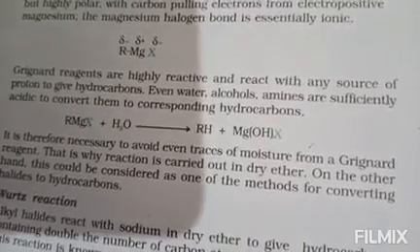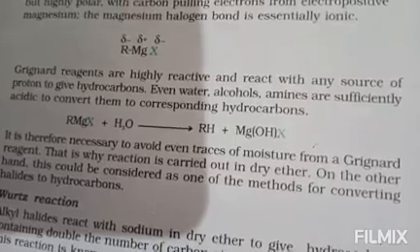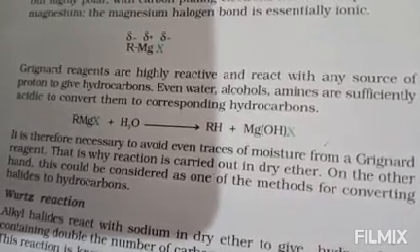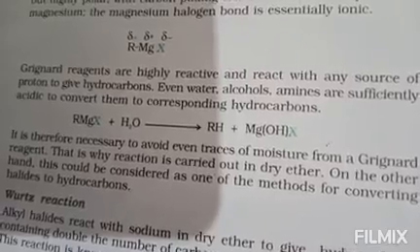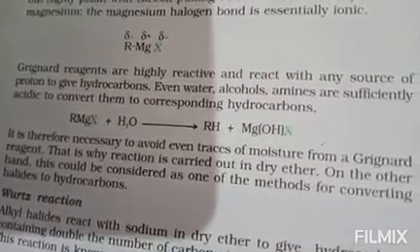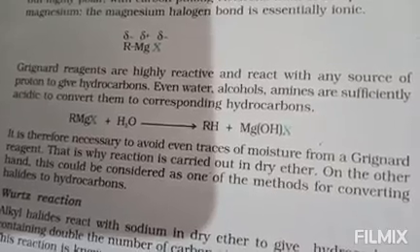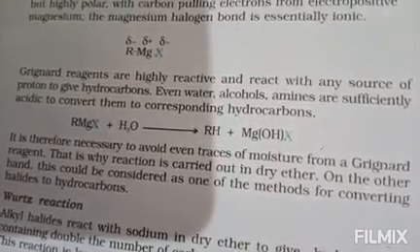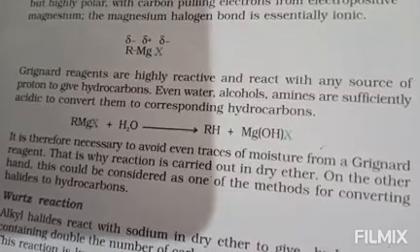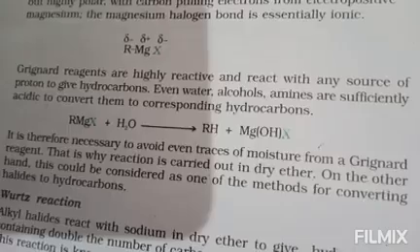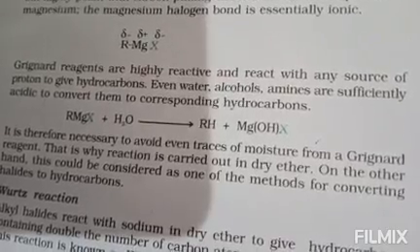So your answer is, even in the presence of moisture, Grignard's reagent can combine to give the corresponding alkanes. So you will not get Grignard's reagent in the preparation. That is why we need to remove water. So in order to remove water, we carry out the reaction in dry ether. So this is the reason for that.